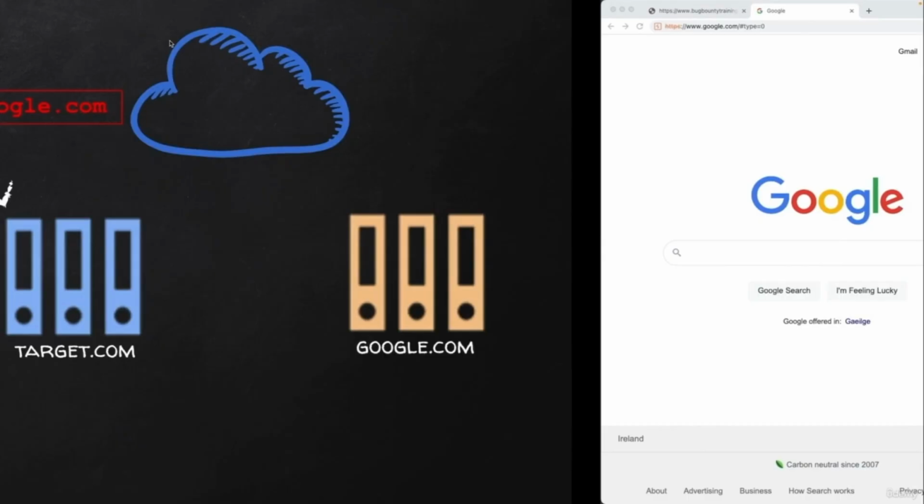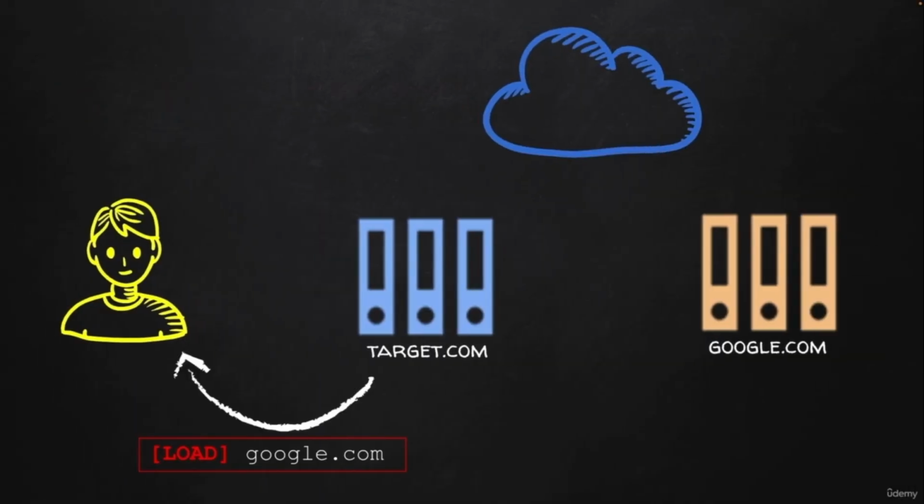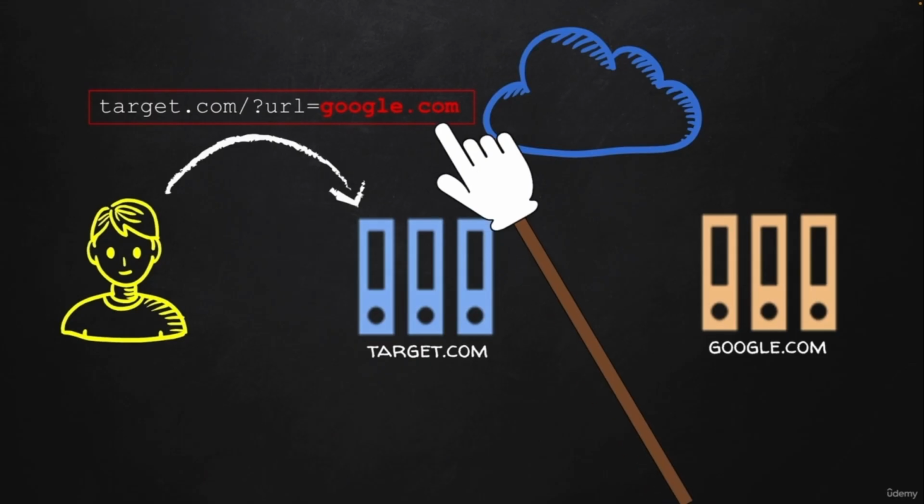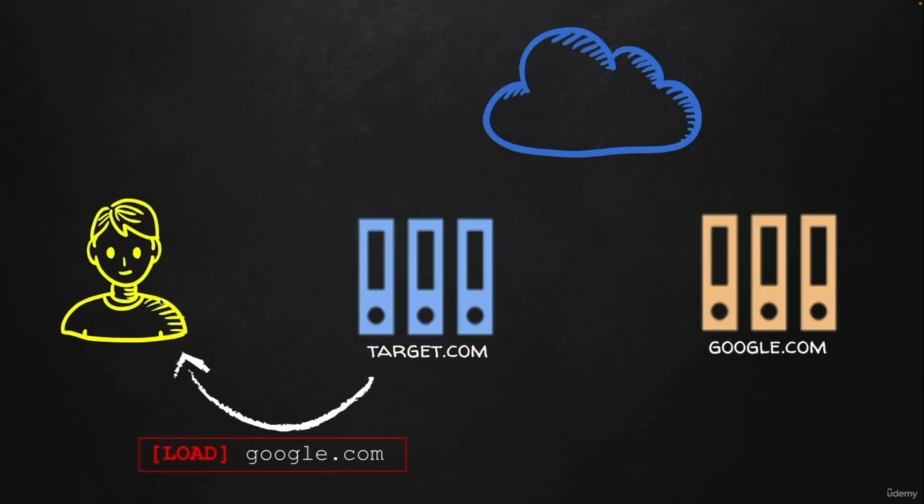So this is actually something that is being sent back to the user. The user is asking for google.com, and the response, instead of saying load google.com, is actually saying load google.com hash type equals 0. So this is another parameter that we can test for other vulnerabilities, and we can manipulate it just to see what impact it has on the result.